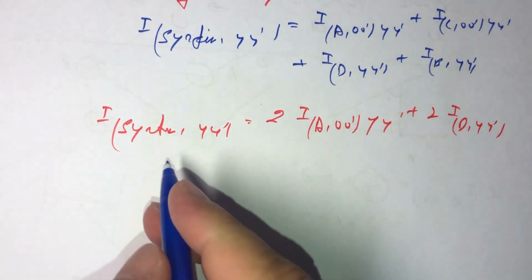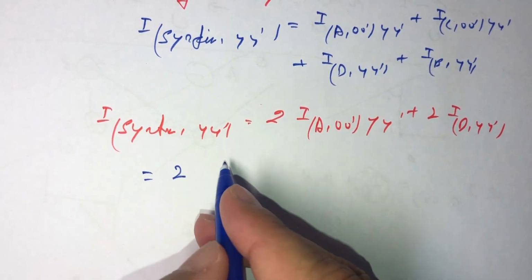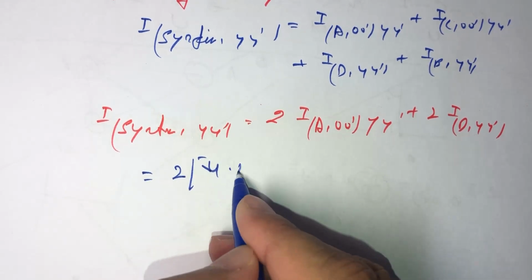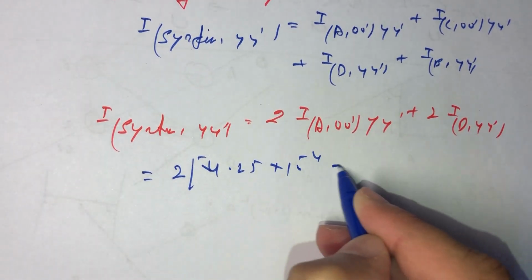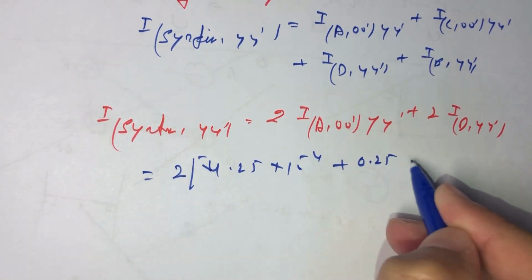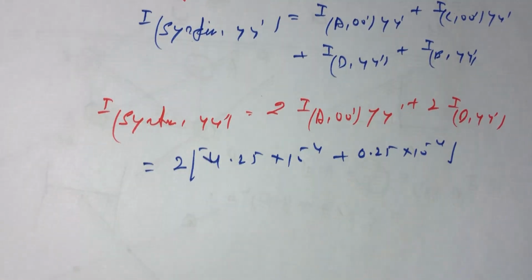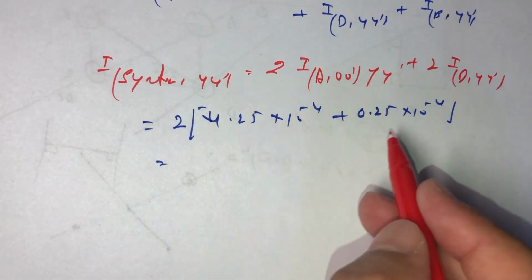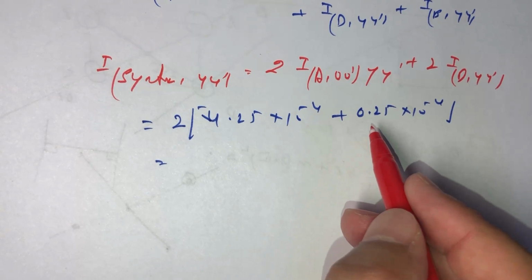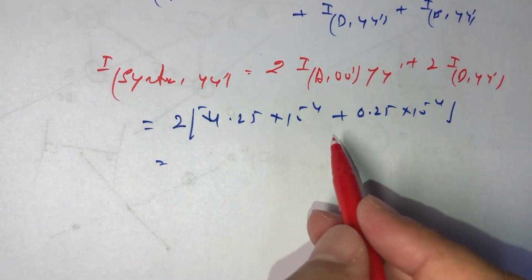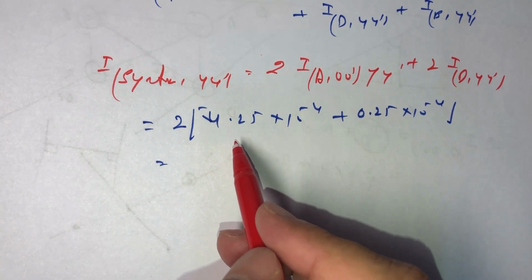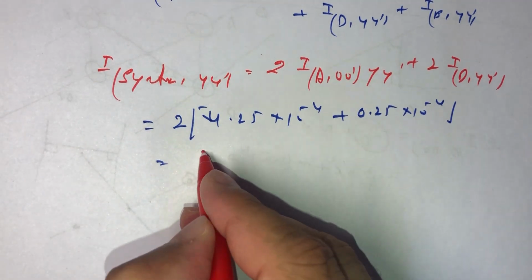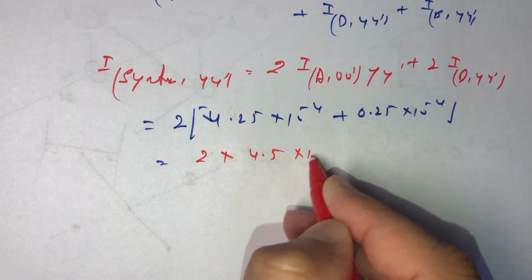Now it is simple substituting. This will be twice, 2 can be taken as common, so this will be 4.25 into 10 to the power minus 4 plus 0.25 into 10 to the power minus 4. So this will be 2 into 4.5 into 10 to the power minus 4.